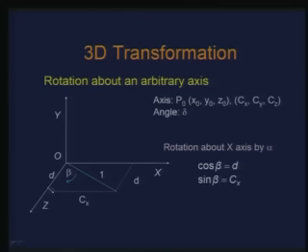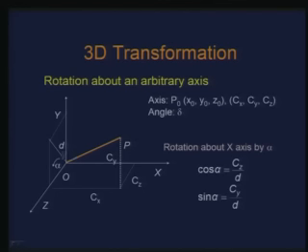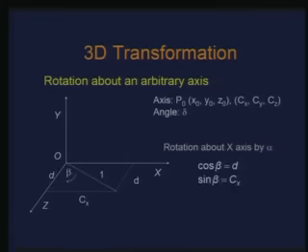Now this side is nothing but d, because when I perform a rotation about the x axis, if you go back here, this d will come onto the z axis. So I have this distance given as d.